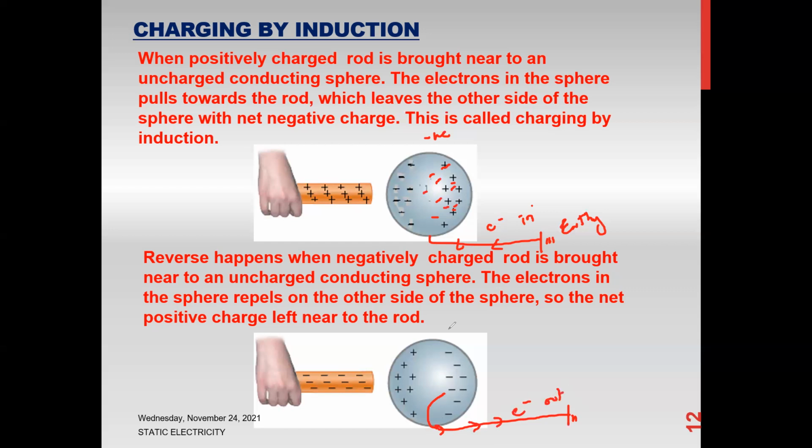As these electrons are removed, majority of the charges are positive, so this will be net positive. So it depends on what charged rod we bring closer to a metal sphere. If we bring a positive charged rod and connect an earthing wire, it will be negative. If we bring a negative charged rod near it, at the end it will be positive.